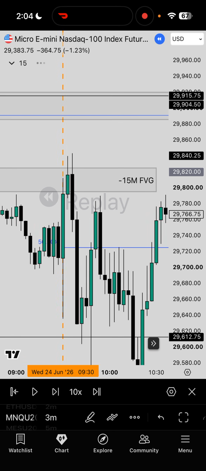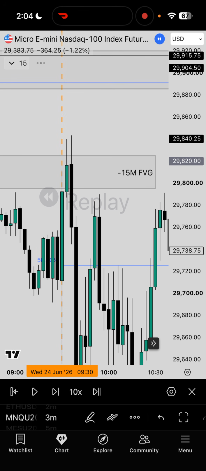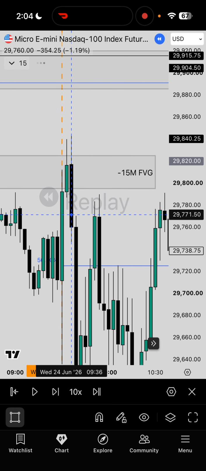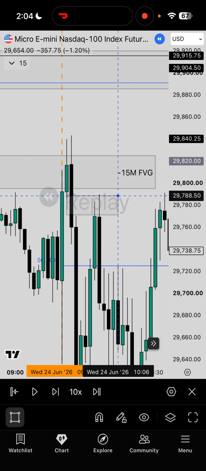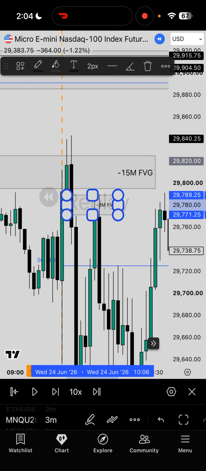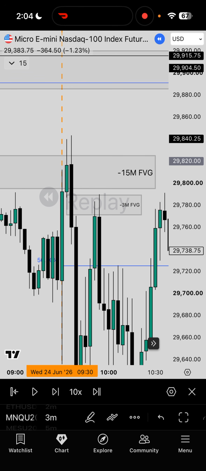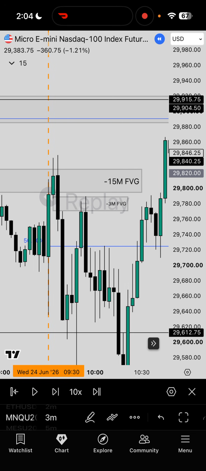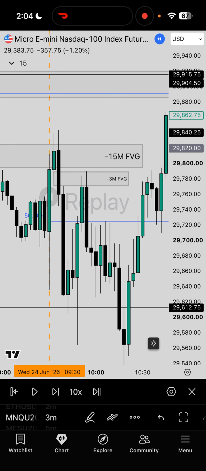So price went to the range, and you see here we have a 3-minute gap that price started to respect, and this small one over here that I have marked, as you see, we respected it.